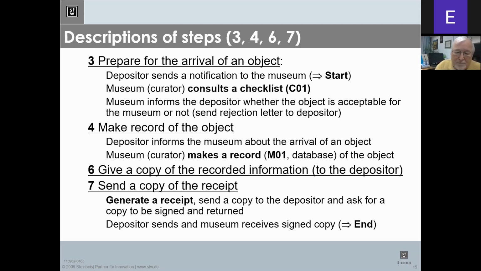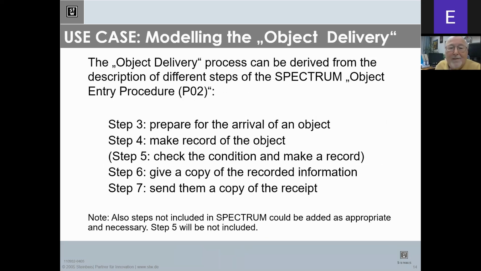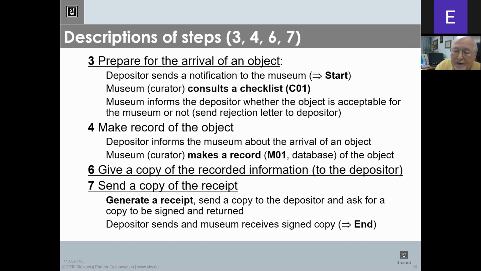And then when the museum gets the object and the depositor gets a receipt of the object, then this process, I called it, sorry, I have to look, acquisition of an object, it's delivery. It was a delivery project. Yes, that was a model, the object delivery. And this is at the end when this receipt has to be distributed to the depositor.